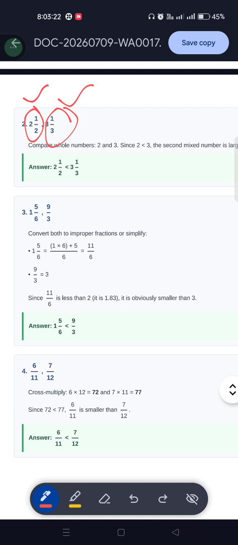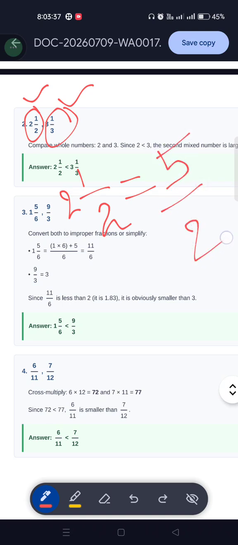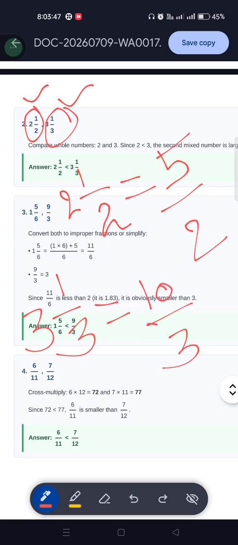So first of all you will convert these mixed fractions into improper fractions. So 2 times 2 is 4 and 1 makes 5 upon 2, and 3 into 1 by 3 will become 3 times 3 is 9 and 1 makes 10 upon 3. Okay, so you got these two fractions after making them improper fractions from mixed fractions.